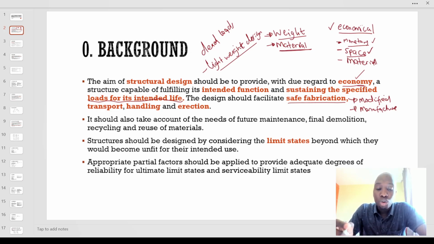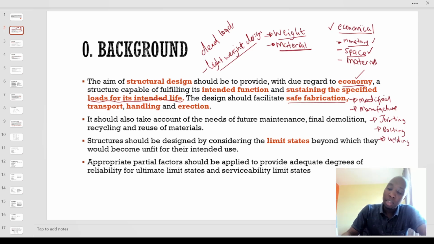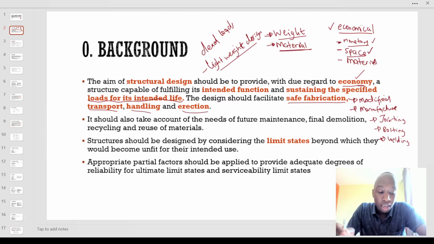So we might be limited and want to modify, maybe by jointing, bolting, or welding. So we cannot work with something that cannot be welded or bolted. The design should provide for safe fabrication, safe and easy transport, easy handling, and easy erection.